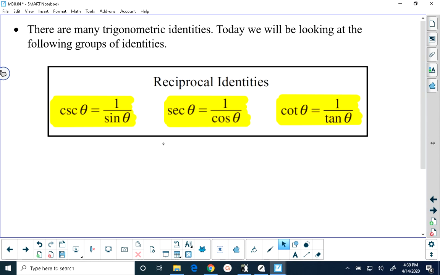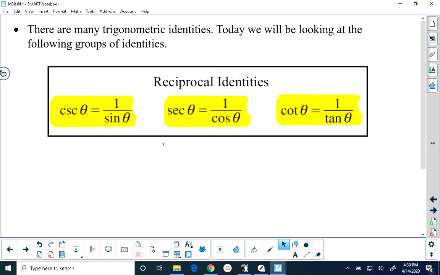Now, I can't prove this to you on the calculator the way we did with the algebraic equations in the previous section because I don't have a secant button on my calculator. In order for me to put secant of theta into my calculator, I actually have to type 1 over cosine of theta.